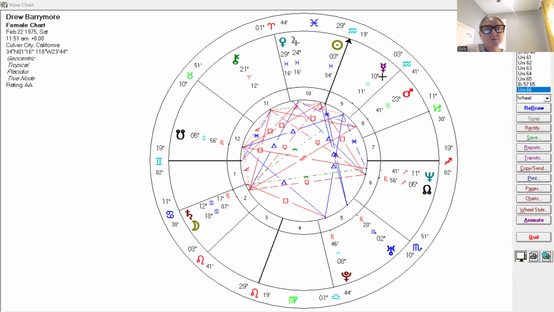Maybe she wants to write a book. I don't know. But this would be a great time for her to set that intention because that's where the new moon in Aquarius is hitting her particular chart.